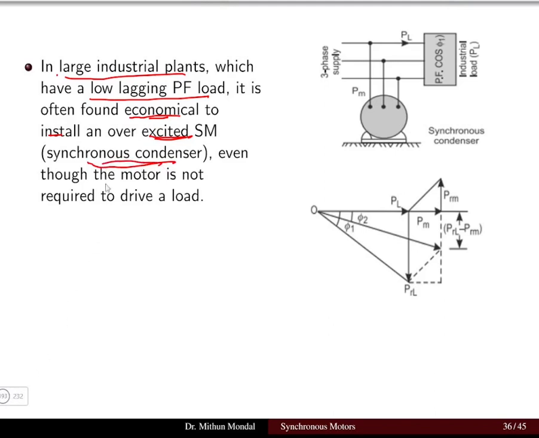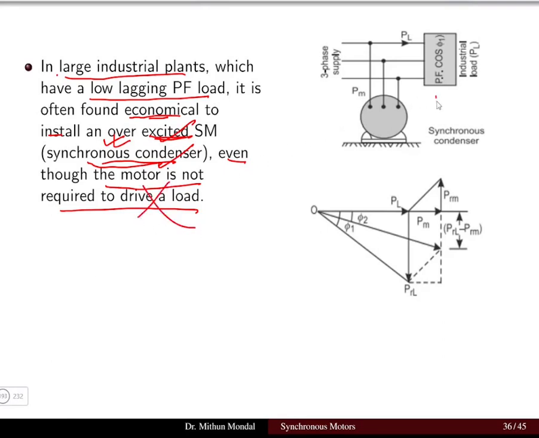These synchronous condensers are installed even when the motor is not required to drive a load. The basic function of the motor is to drive the load, but since industrial loads are very lagging in nature, the synchronous condenser has to be present even though it is not driving any particular load.